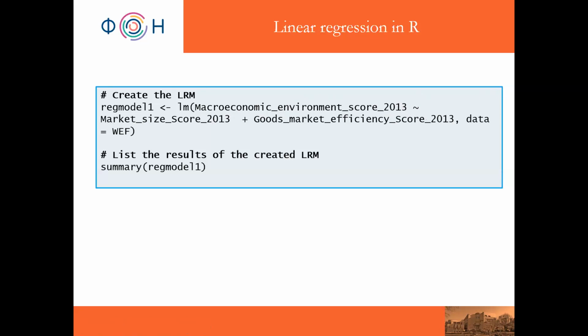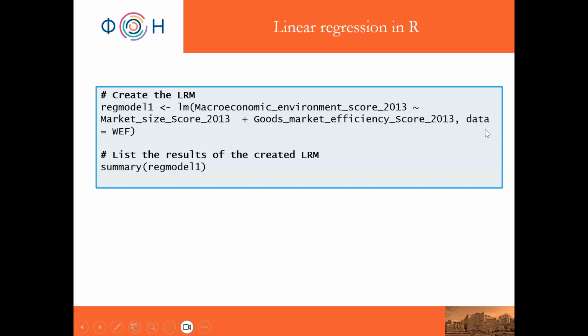Also have in mind that between our independent variables, we need to put a plus sign. It doesn't matter, later when we have our estimates, it can easily be minus. But to tell R what all the independent variables are which we are using, we use the plus sign. So we are modeling macroeconomic environment score by market size score and goods market efficiency score.